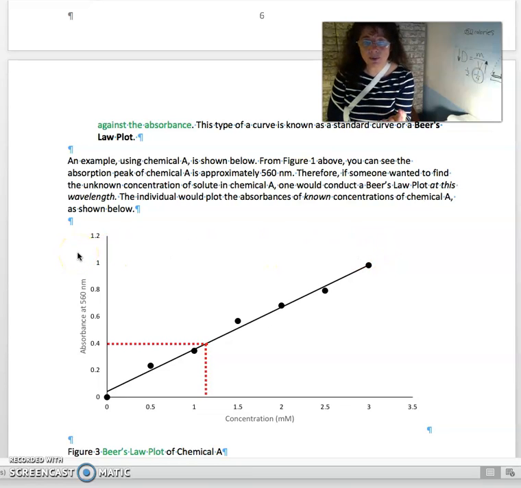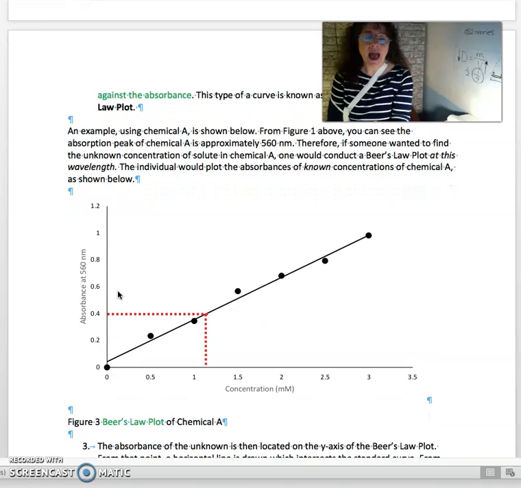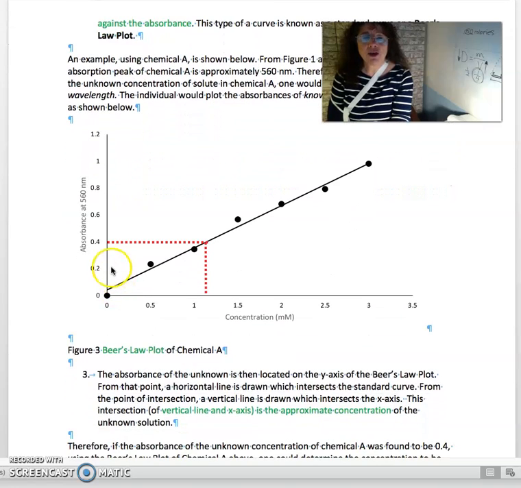What you do is, after you have this Beer's plot developed on your graph, you look at your own absorbance on your own absorption spectra and match it for the peak wavelength, so that at your peak wavelength, you might have had an absorbance of 0.4 at 560 nanometers.